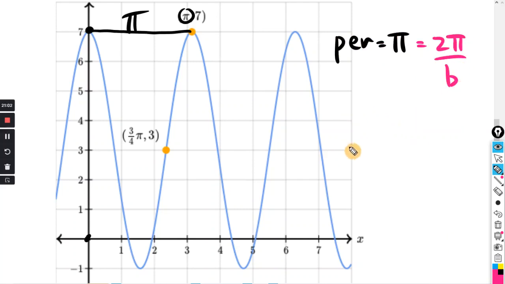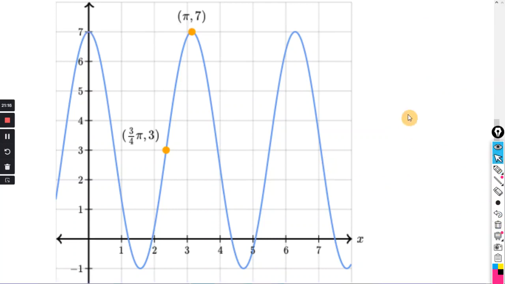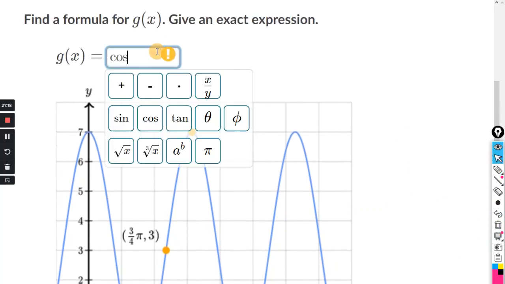All right, so multiply both sides by b. The b's cancel. And divide both sides by pi. And b is going to be 2. All right, so in the parentheses, 2 times x.